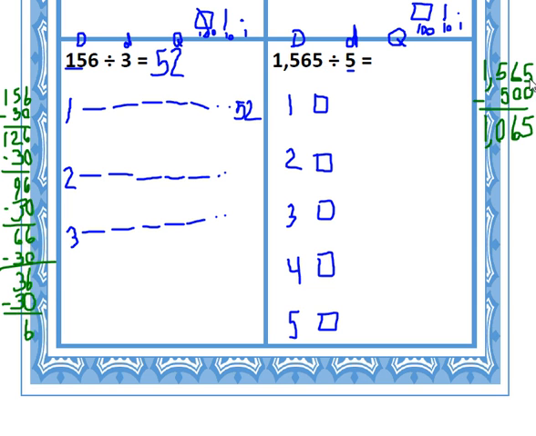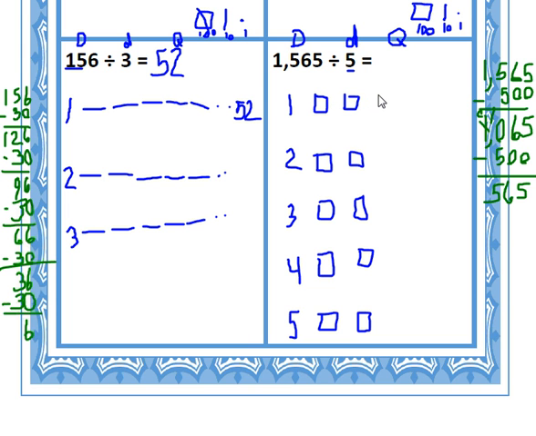So we try that again. 100, 200, 300, 400, 500. Going to subtract again. We have a difference of 565, so we have 565 left of our 1,565.